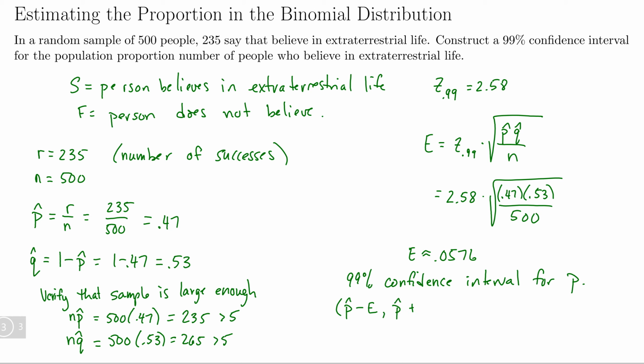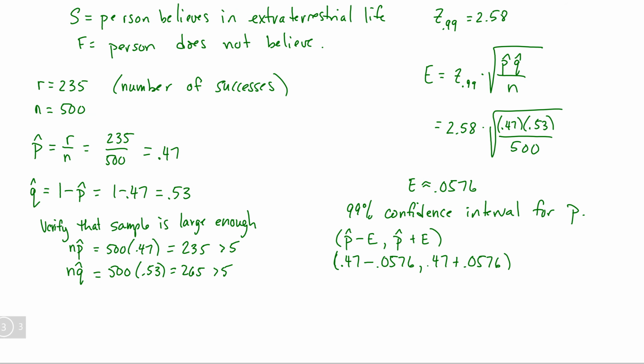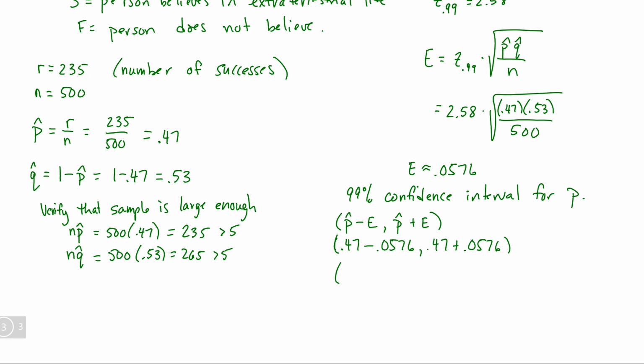So we have a similar looking confidence interval here, where we have 0.47 minus 0.0576 and 0.47 plus 0.0576. This gives us an interval of 0.4124 and 0.5276.